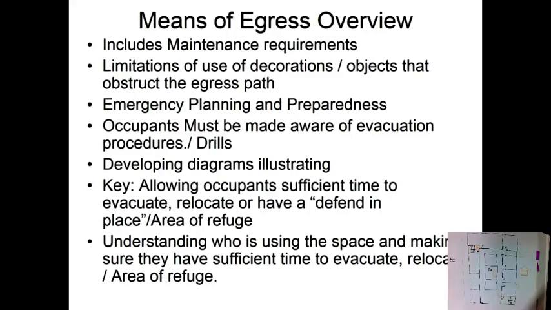It's understanding who's using the space and making sure they have sufficient time to evacuate. Because if we're in a hotel, you may not be familiar. You wake up and you think, where am I? And you've got to be able to think, okay, I remember I could go here and get to this set of stairs to go out. I have an area to defend in place if I do not feel like I can walk down all those stairs.